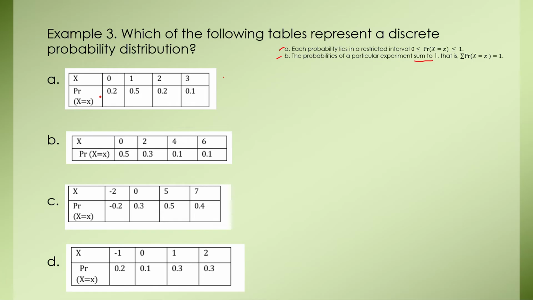So let us check here in A. Let us check whether the probabilities lie from 0 to 1. So 0.2, 0.5, 0.2, 0.1, it lies between 0 and 1.